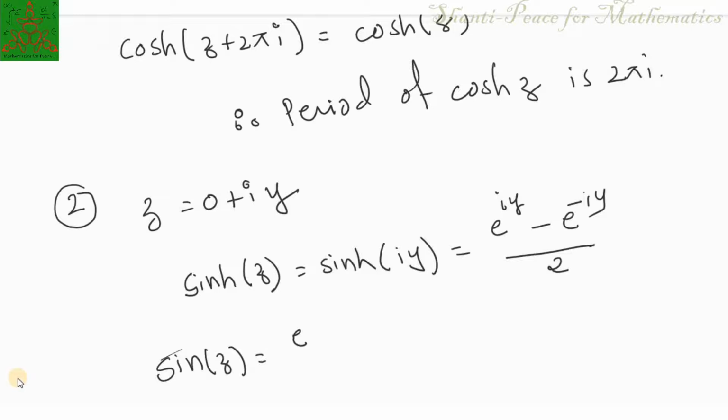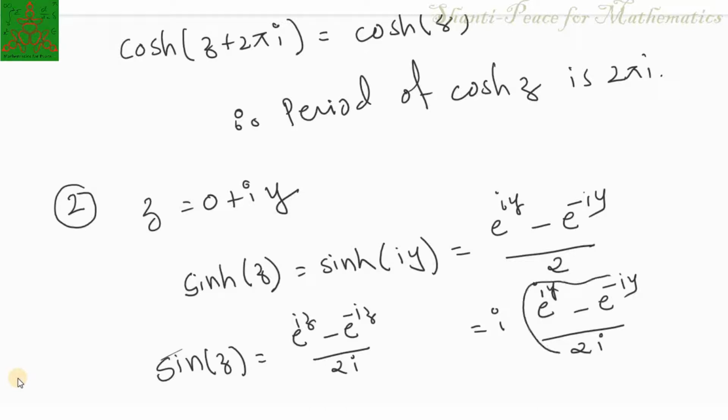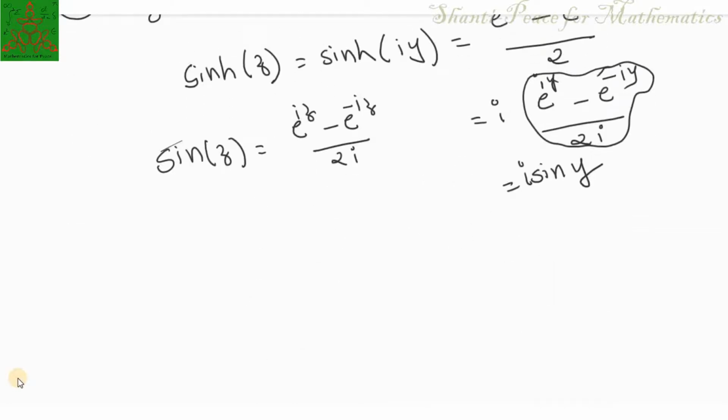Sin z is (e power iz minus e power minus iz) by 2i. So if I multiply and divide by i here, this will be (e power iy minus e power minus iy) upon 2i. So this quantity now you will have as sin y, and i is already there. Therefore what we got is sine hyperbolic of iy will be i sin y.